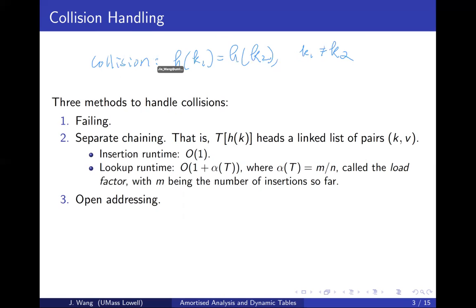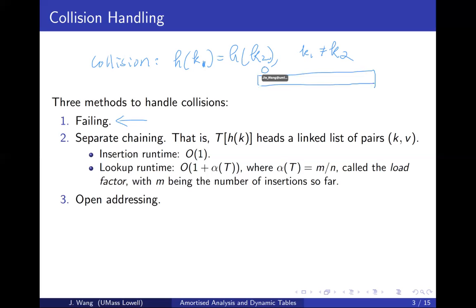Okay, so how do we handle collisions? The easiest way is to just say failing. But the common way is to maintain a linked list so that we link together every pair whose keys have the same hash value. That will look like this.